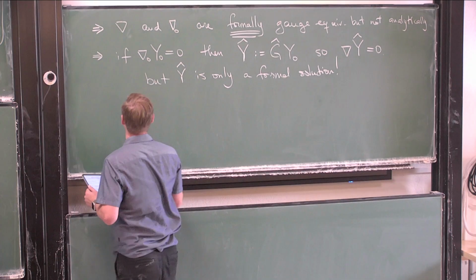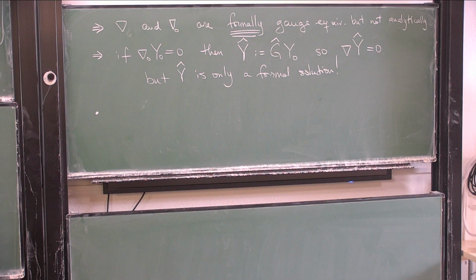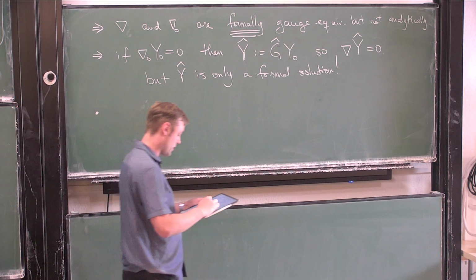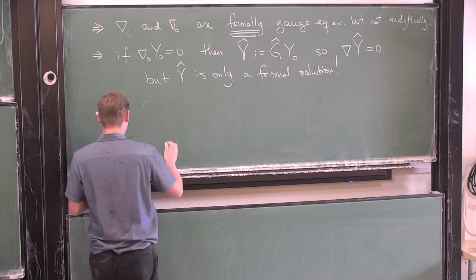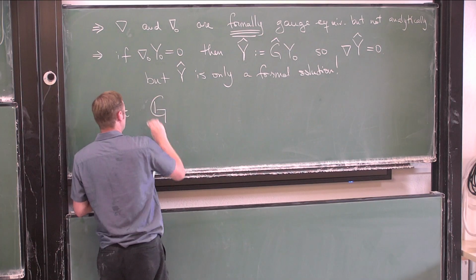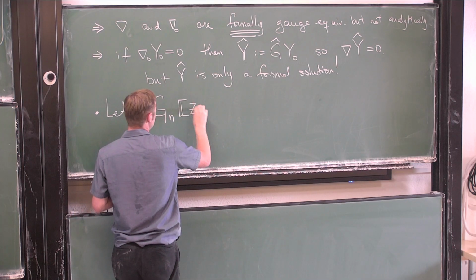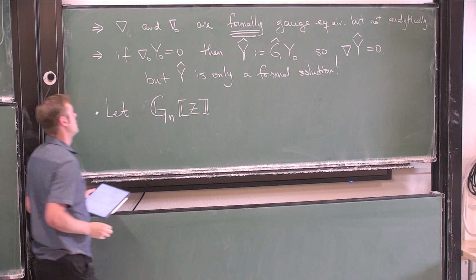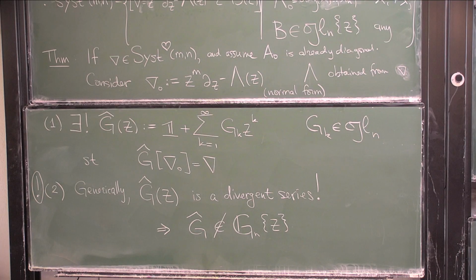So let me try to formalize this a little more, and then we'll take a break and then we'll do an example. Let me introduce this group, blackboard G, N, but now Z is inside double brackets.